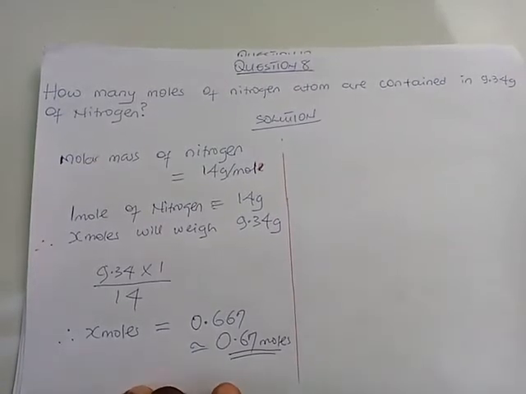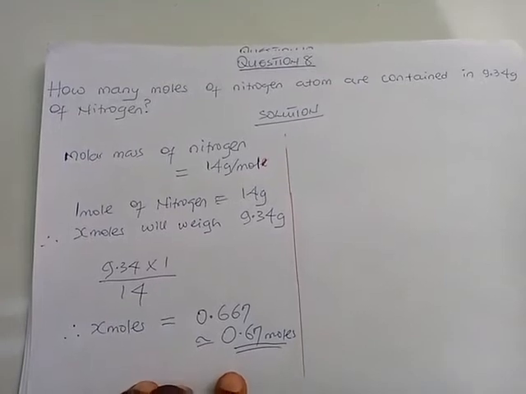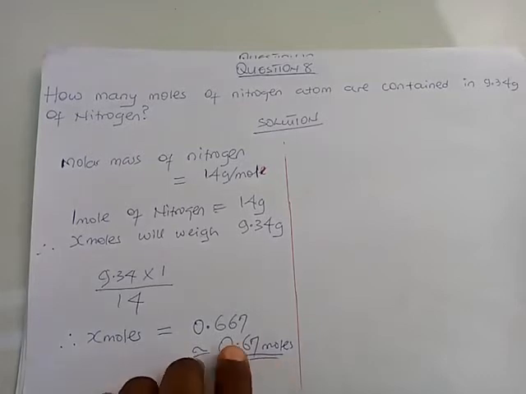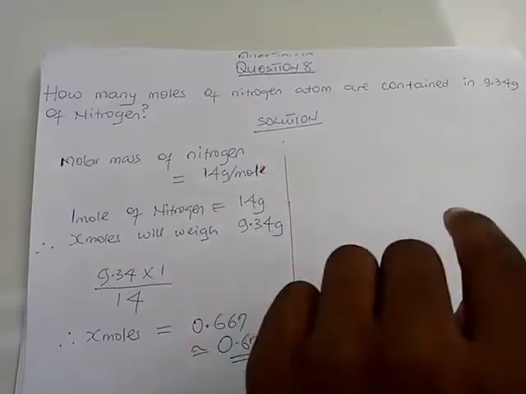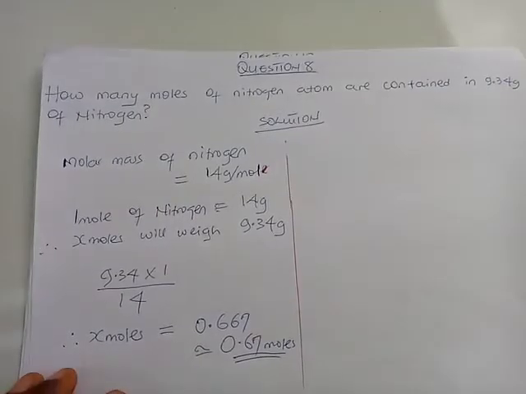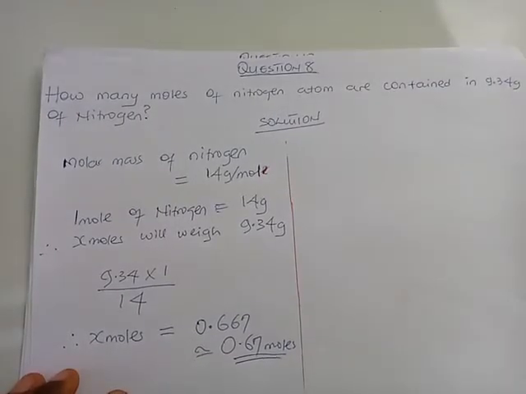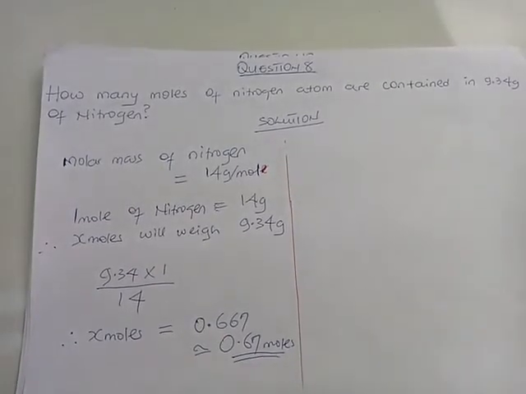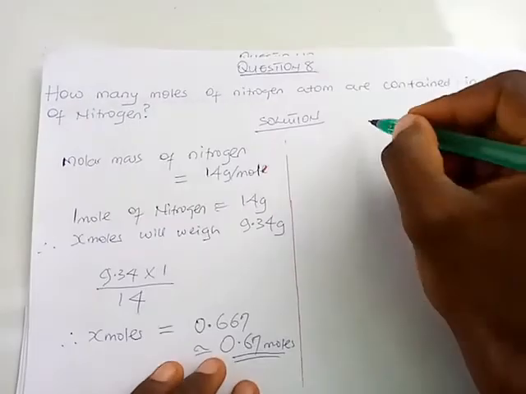So what this implies is that 0.67 moles of nitrogen weighs exactly 9.34 grams, or that 9.34 grams of nitrogen is going to give us 0.67 moles of nitrogen.